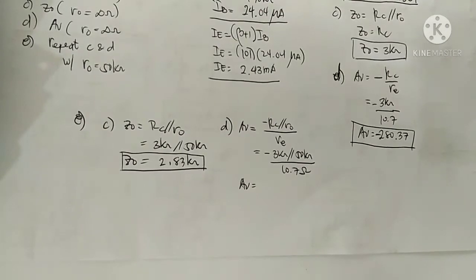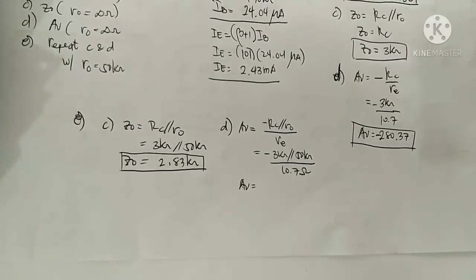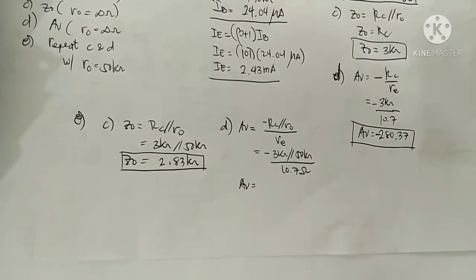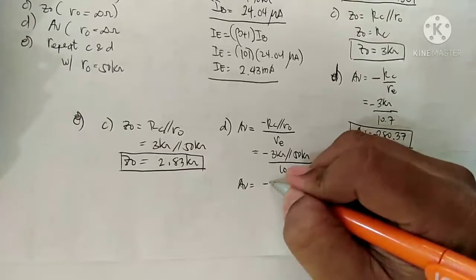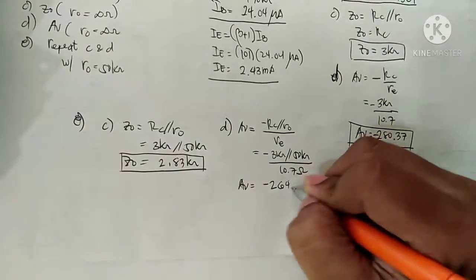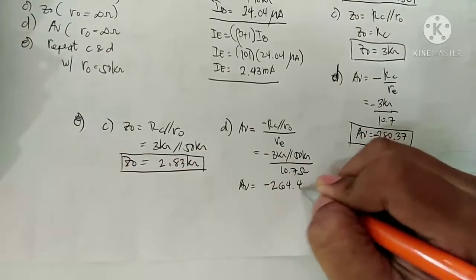So negative 2.83 divided by 10.7, which is negative 264.49.